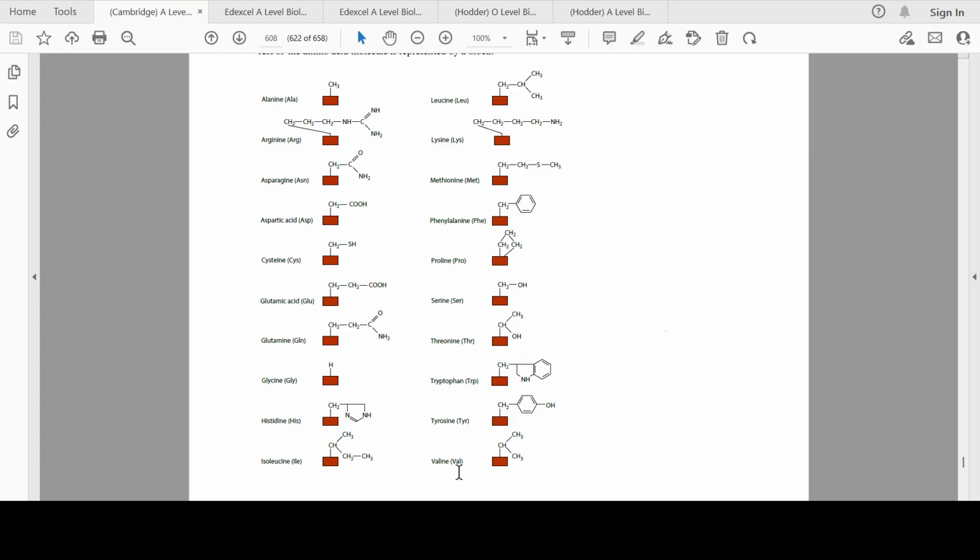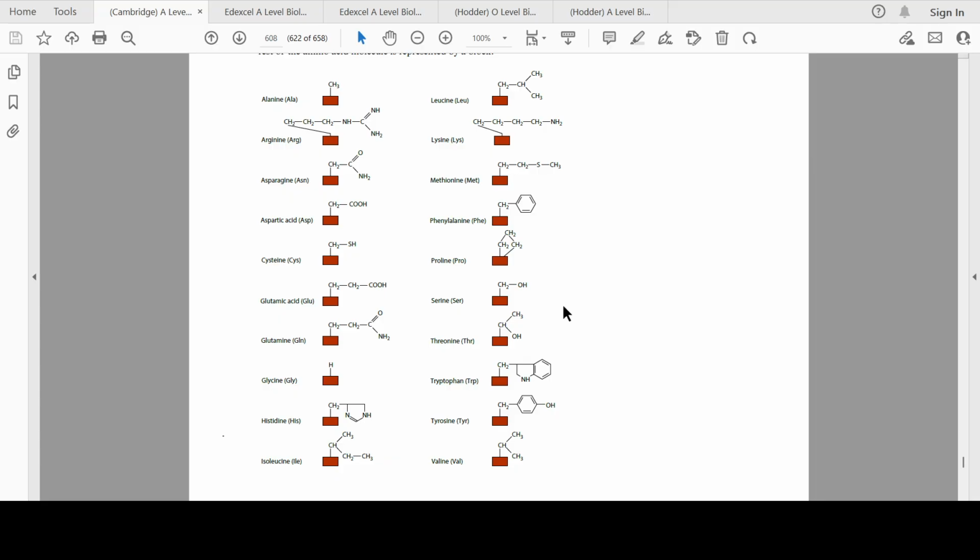The ones I've put on the whiteboard are valine, glutamic acid, so that's glu, then histidine. Histamine is related to the immune system and allergies, so histidine.